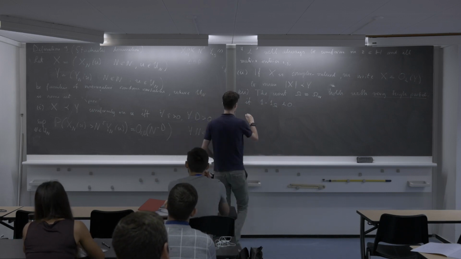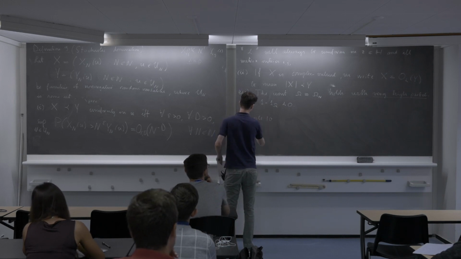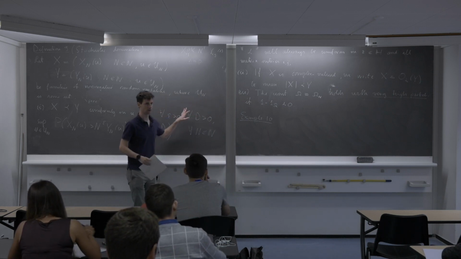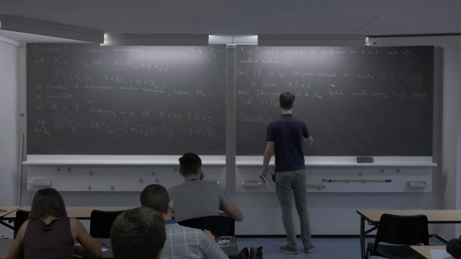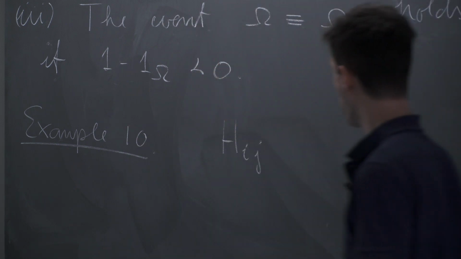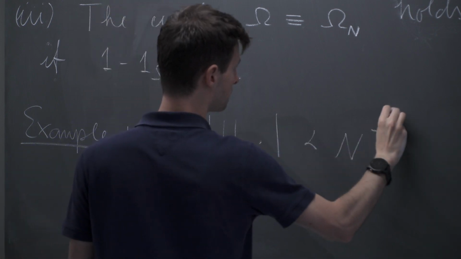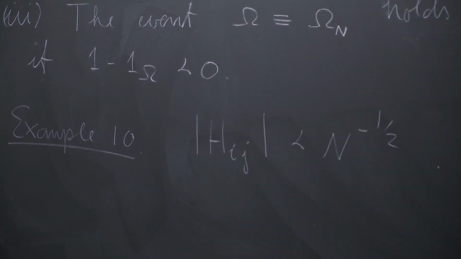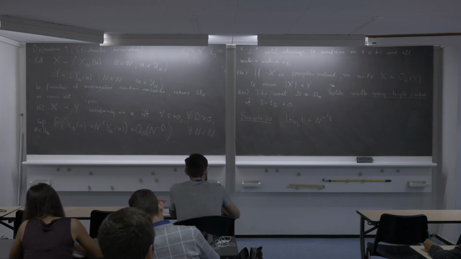So, let me give you an example. We will see plenty of examples, of course. We will use this definition throughout the course. I will give you a simple example, and that is now, so we work always with our Wigner matrix. For example, what you can prove is this: that the entries of your Wigner matrix are stochastically dominated by 1 over square root of n.